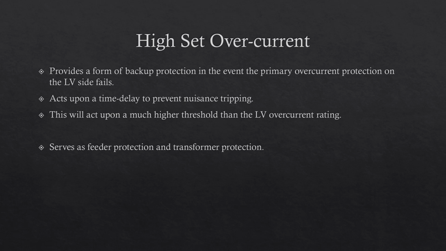This high-set overcurrent on the HV side would delay, but acts as a backup protection in the event of failure. Protect the feeder essentially, and also the transformer, but predominantly the feeder.